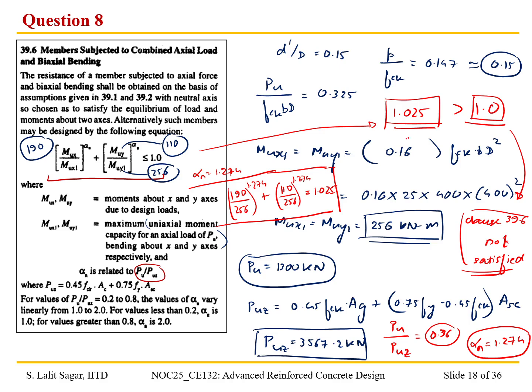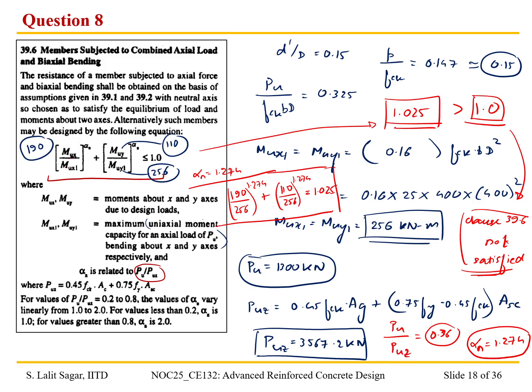This value of 1.025 is clearly more than 1, so it is not satisfied. How will we obtain the ratio as less than 1? We need to increase the denominator, that is, we need to increase the moment capacity.